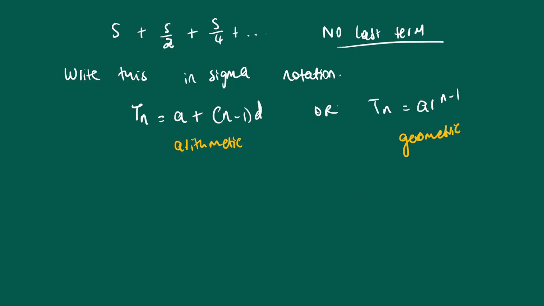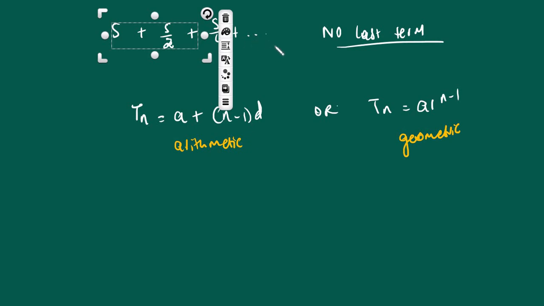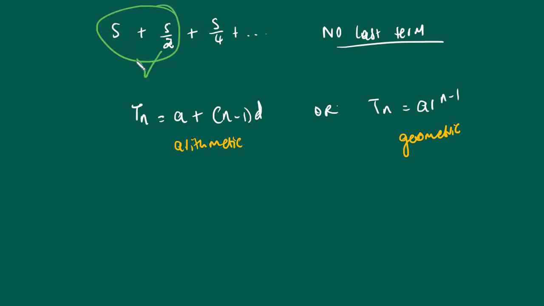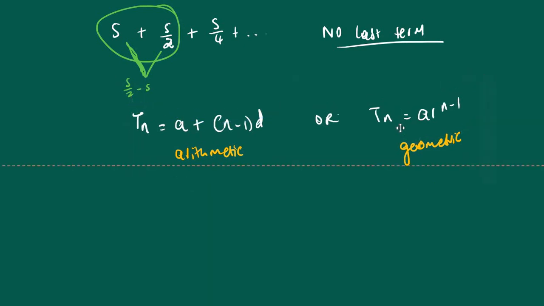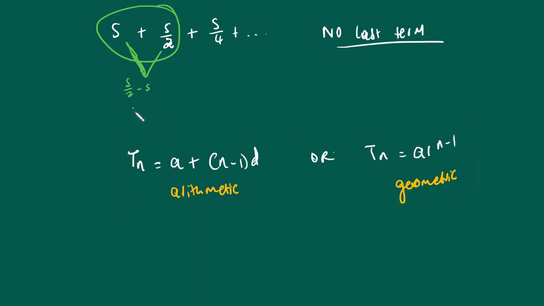So for me to check for that, what do I simply do? I'm going to start with right minus left, meaning that I'm going to start by checking whether it's arithmetic. So I'll just check those two terms which are following each other. Now I'm going to say 5 over 2 minus 5. What is 5 over 2 minus 5? I might not have a calculator easily accessible with me, so I would highly appreciate if someone could just shout the answer for me.